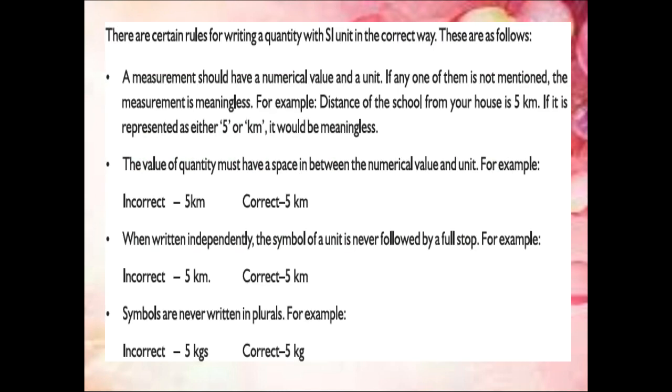Fine, children. These are the rules of writing SI units, right? The unit must have both a numerical part and a unit part. We should leave space between these two parts, we should not put a full stop, and we should not write it in plural form.